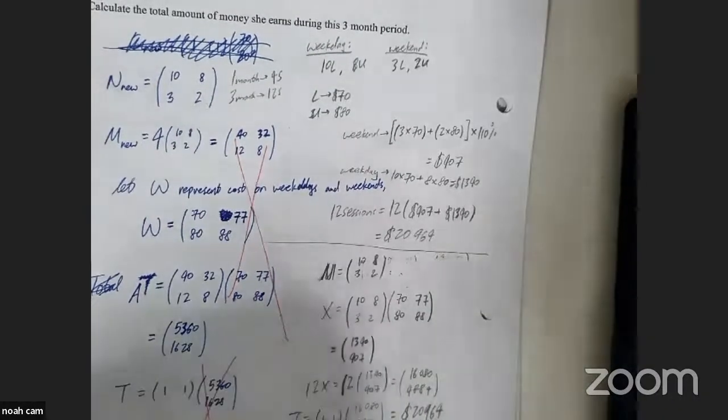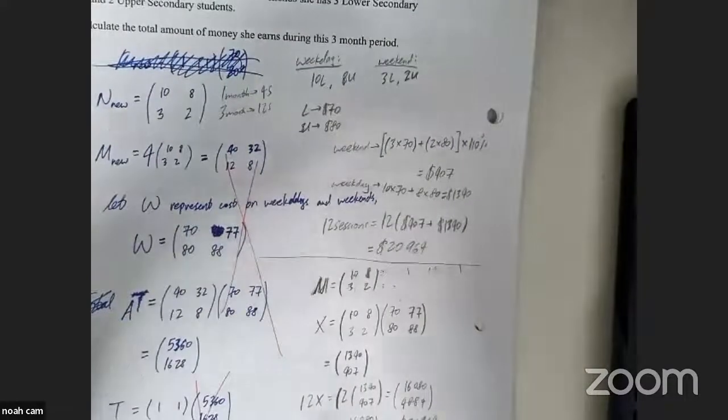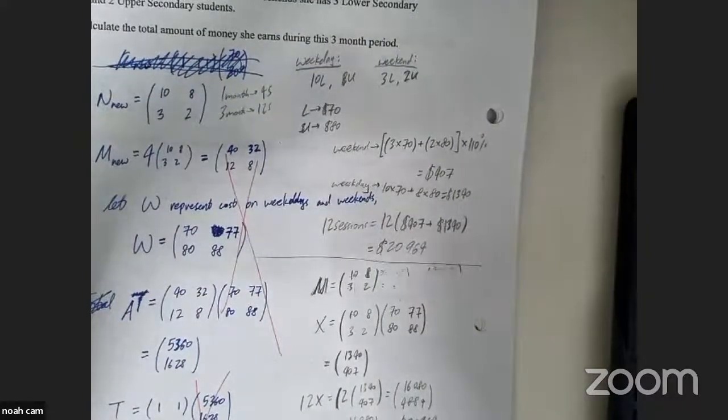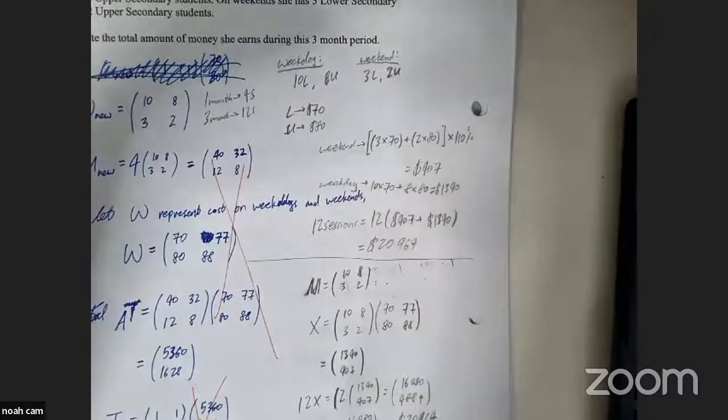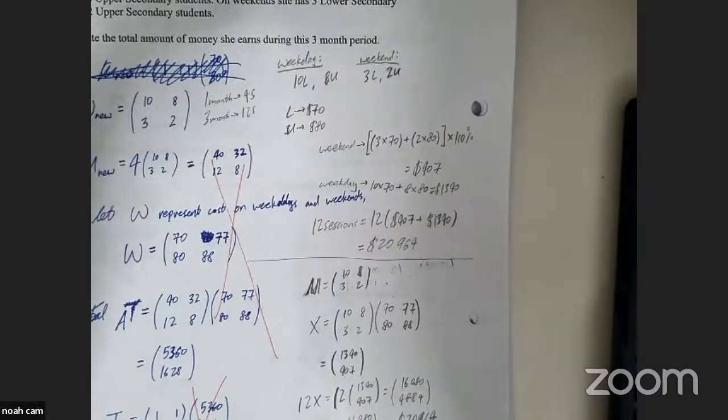Now, understand one thing, Noah. This is extremely difficult to do without the normal method. The normal method helps us not do silly things in matrix, because matrix confuses us. Let me tell you a secret. Matrix is not meant for people.